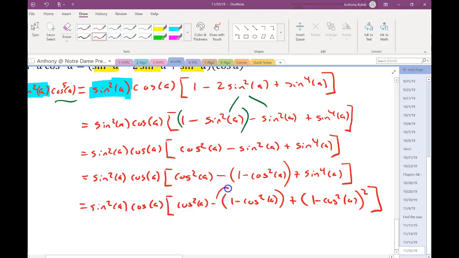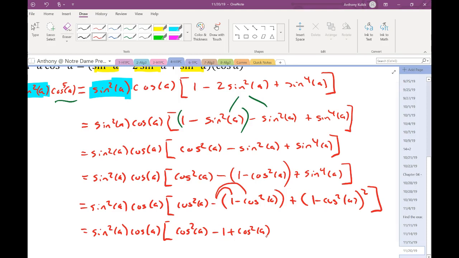Okay. So I'll start by distributing that negative through. And then when I have 1 minus cosine squared a squared, how do I multiply that part out? Is that just 1 minus cosine to the fourth? What do we have to do there?